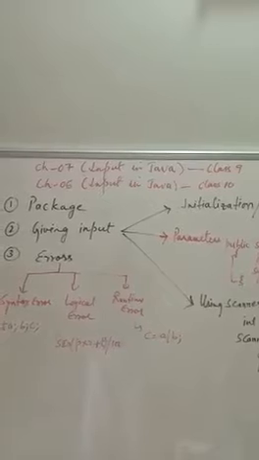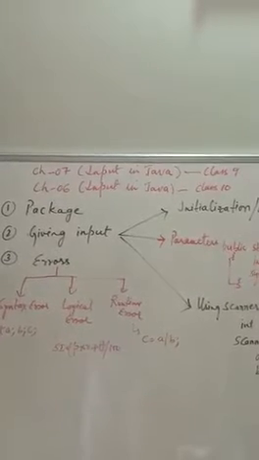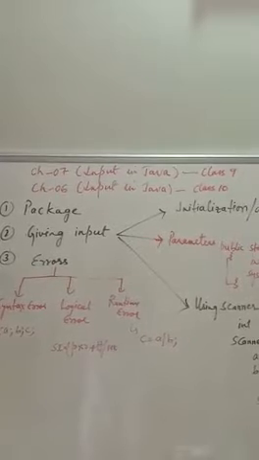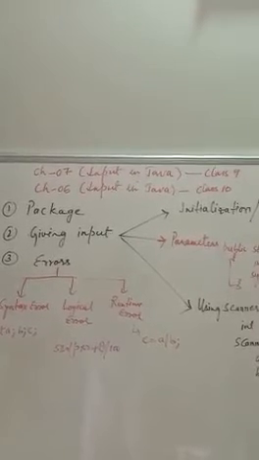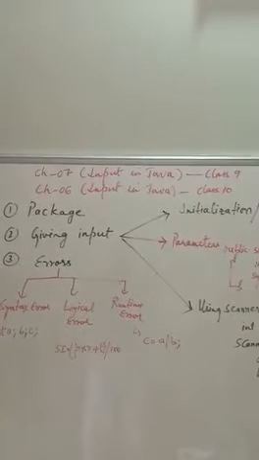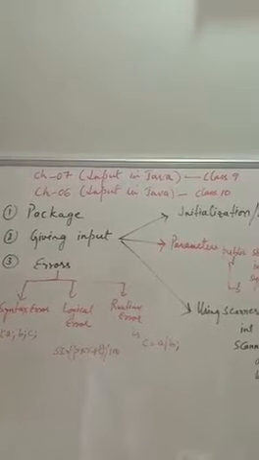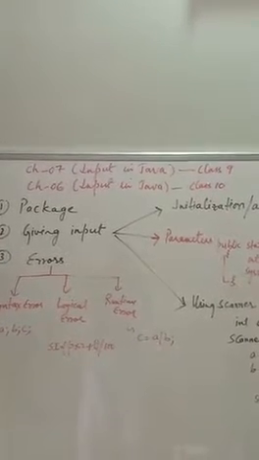Today in this session I will not give you any new topic, rather I will give you only the assignment based on the chapters you already discussed in class 9th. That is chapter 7th, input in Java of class 9, which is the same as chapter number 6, input in Java of class 10.